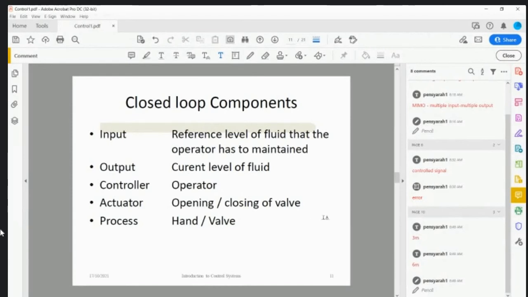Okay, the process is actually not the valve handle. That is the actuator process, which is opening and closing the valve using the valve handle. But the process is actually the relationship between the flow in and flow out, the water level system.